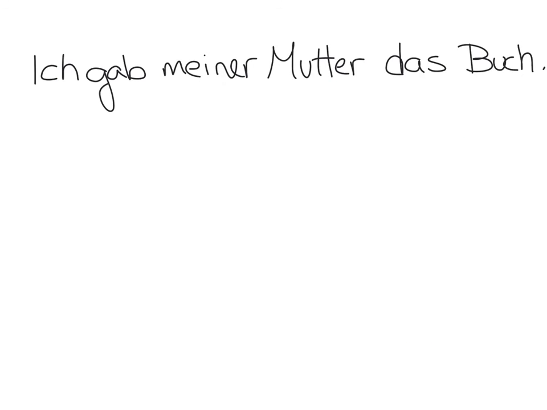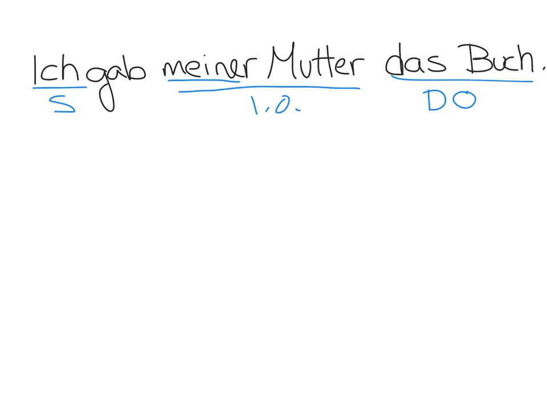Here's another very similar sentence. Ich gab meiner Mutter das Buch. In this case, Mutter has meine in front of it. Well, meine became meiner because we have a subject, the direct object, and the Mutter is the indirect object, the dative receiver of the book. So meine is dative, it becomes meiner. But if I wanted to add an adjective to say something more about meiner Mutter, maybe it's my nice mother.